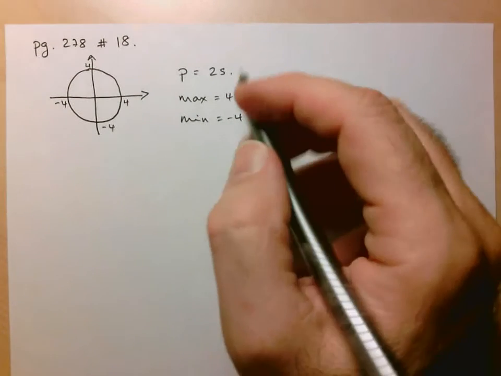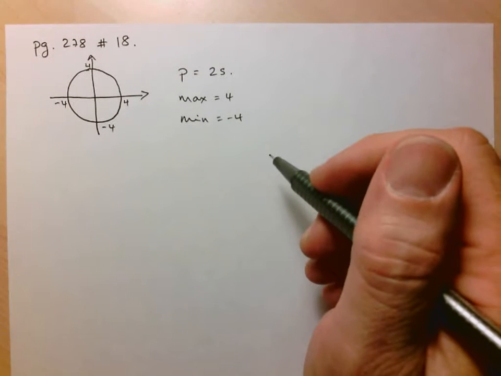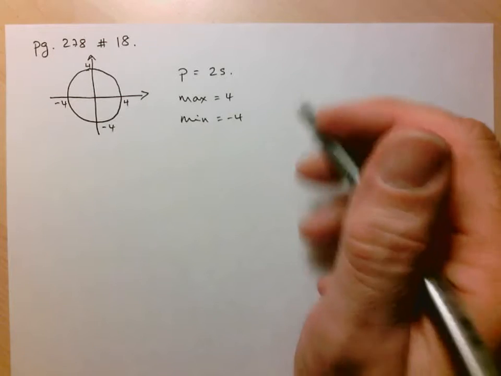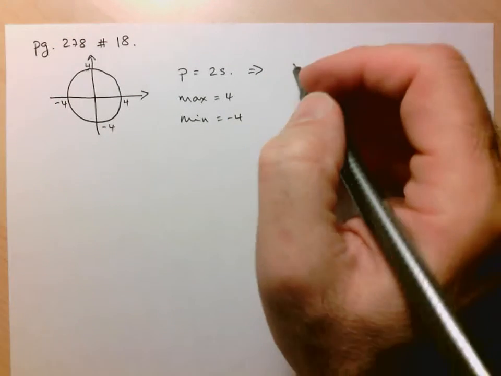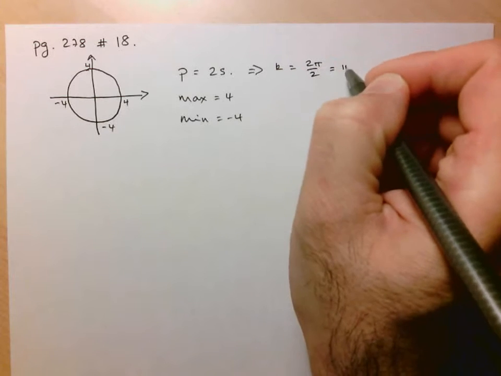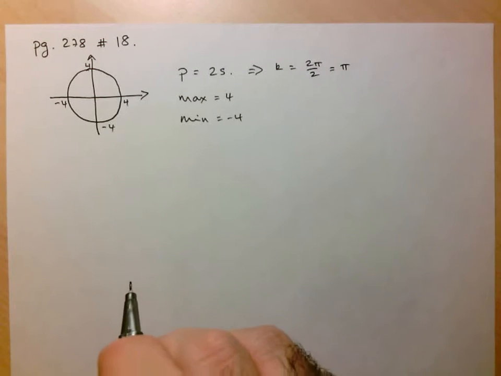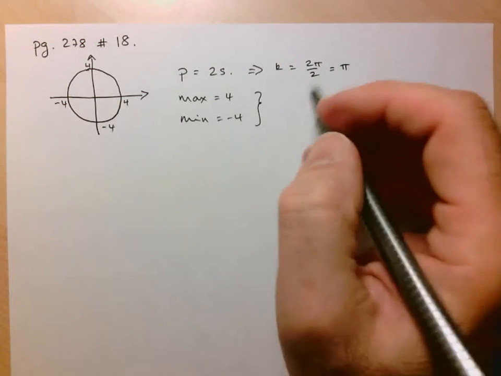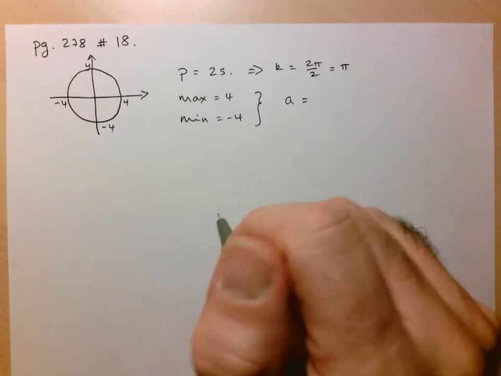So just with this information, I can already determine some of the parameters that I'm going to have in my equation. Since the period is 2, I know that the k value is just going to be 2 pi over 2, in other words, pi. With my maximum and minimum, I can calculate the amplitude.